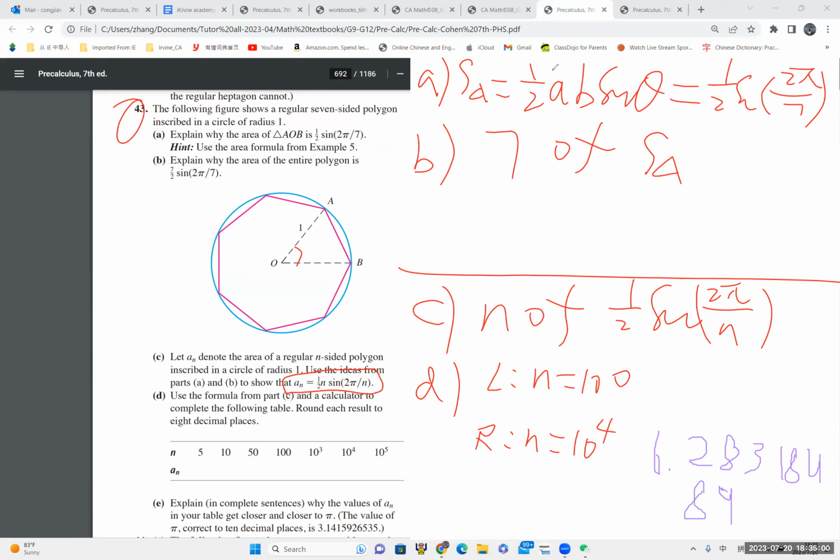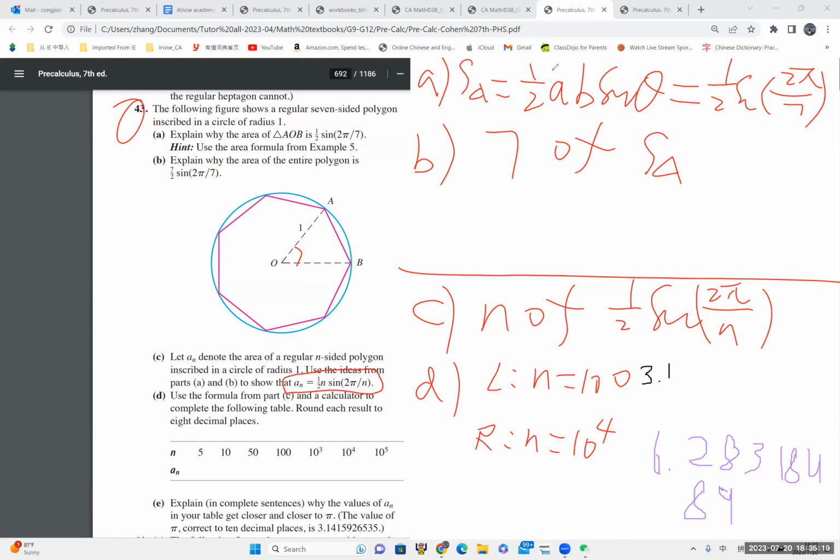So if n is 100, 2 pi divide 100. Take sine. So this is reading. Don't forget this is reading layer.